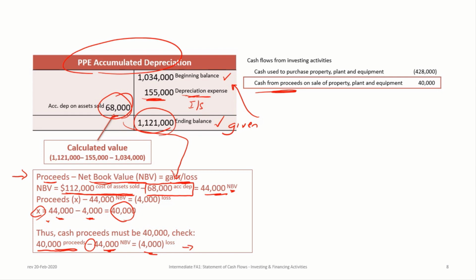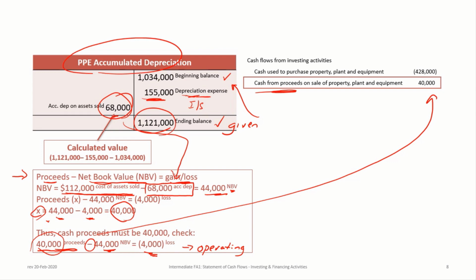So this $4,000 loss was added back in the operating section as a non-cash item. And this cash proceeds is now proven, and we generated $40,000 in sales from some property, plant, and equipment. Even though it was sold at a loss, we were able to get positive cash for it.